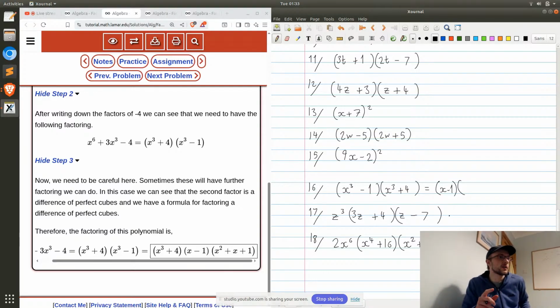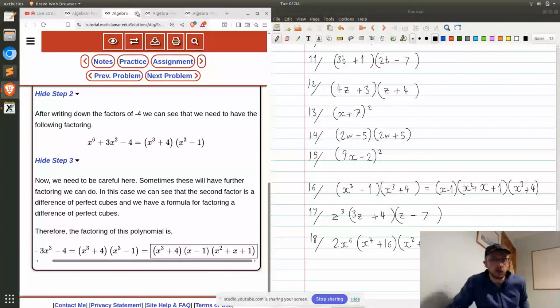X cubed minus y cubed is x minus y times x squared plus xy plus y squared, right? Really just a beautiful design.